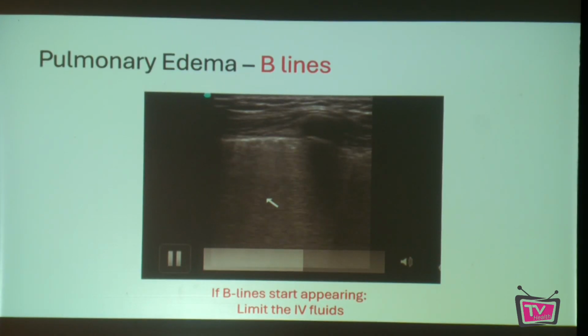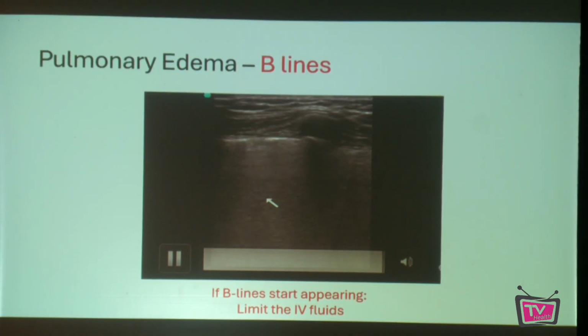What do you do if, in a patient in the ICU, you see B lines in places where you should not have them? When you go on rounds in the ICU and auscultate, you will normally find some crepitations on the bilateral bases because of hypostatic crepitations due to dependent portions.